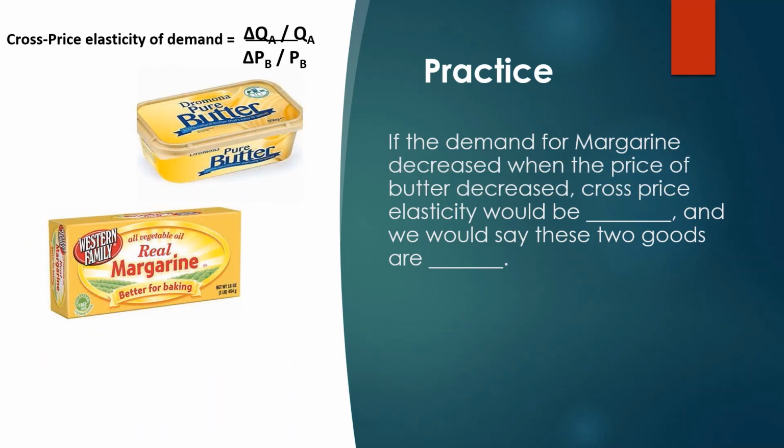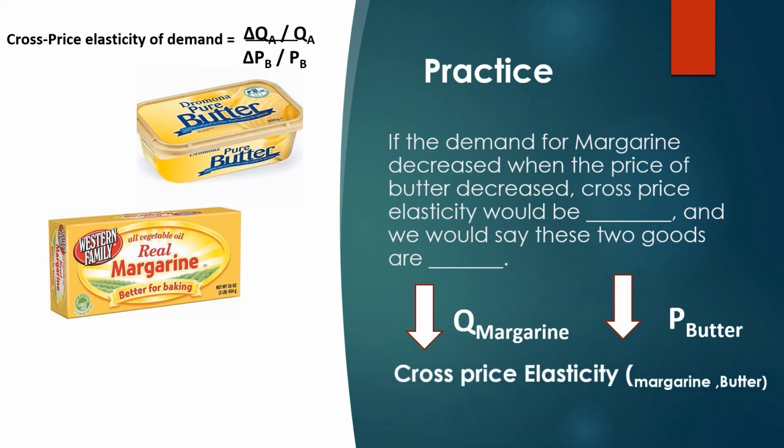Now consider the reverse situation of the previous case. The statement of this example says that if the demand for margarine decreases because of the decrease in the price of butter, then the cross price elasticity for margarine is going to be positive. Why? Because the change in the quantity demanded and the change in the price are moving in the same direction.